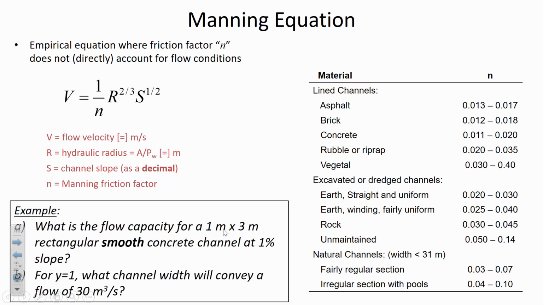Now the next part of this question is it's saying for a depth of 1 meter, what channel width would you need to convey a flow rate of 30 cubic meters per second? So now what we're solving for is the width b in a rectangular channel. So let me erase all of this.